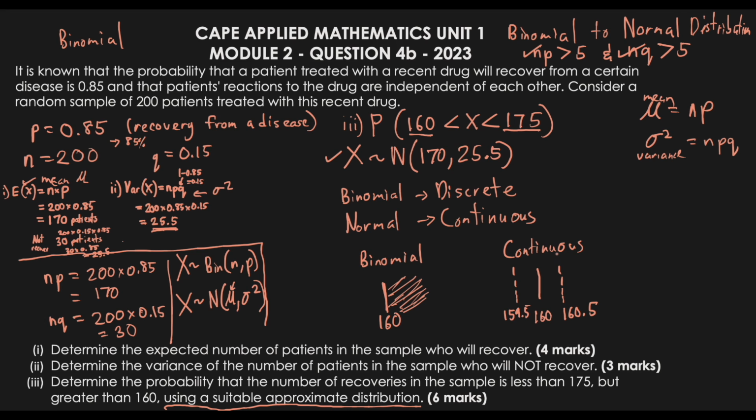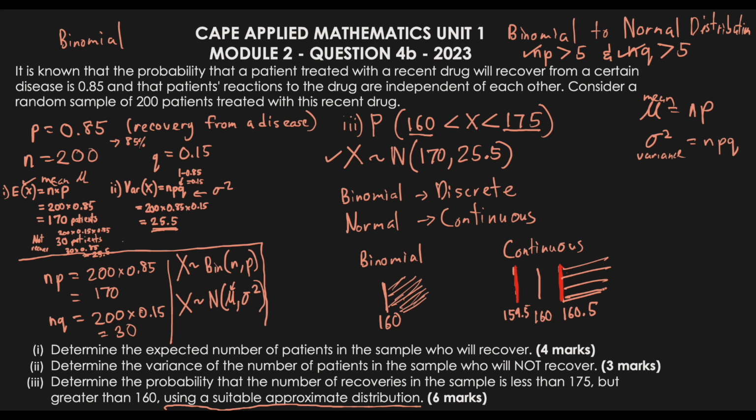Now, in the continuous world, since we're saying x is more than 160, we have to think of 160 being enclosed by these two boundaries. So therefore, anything that is 160 falls inside of here. Now what that means is anything that's more than 160 would fall outside this way.